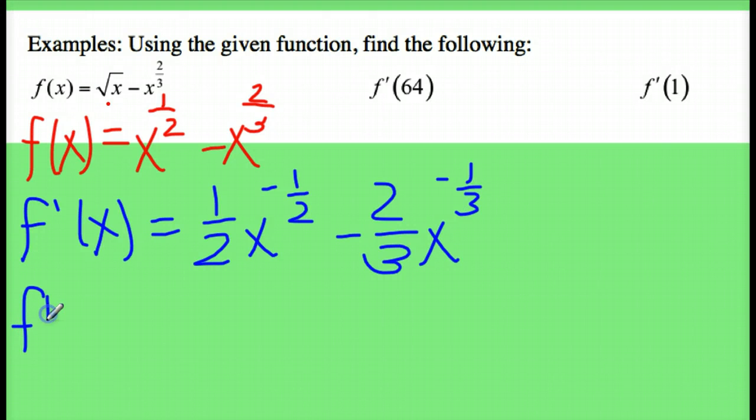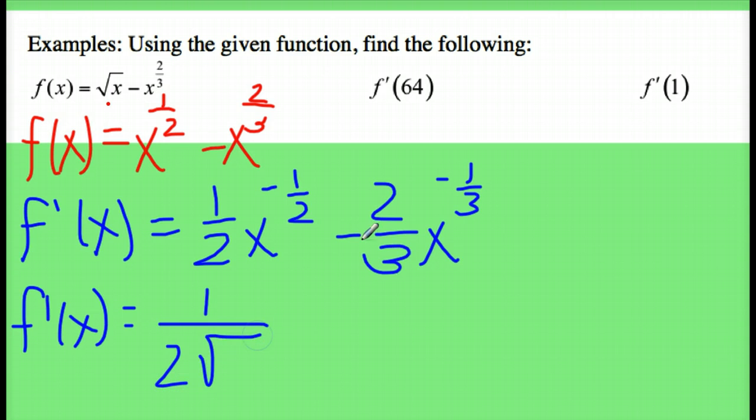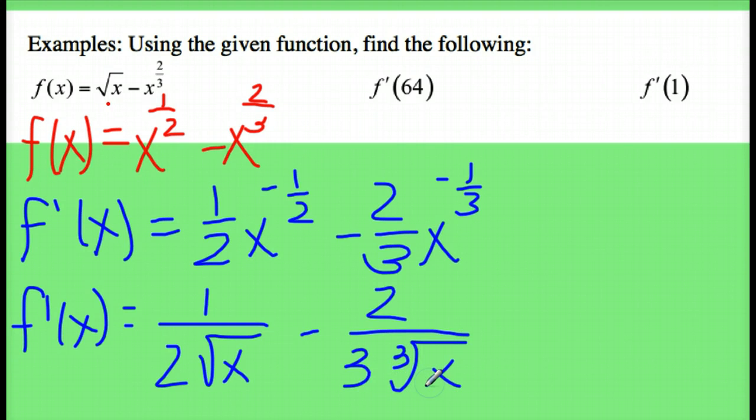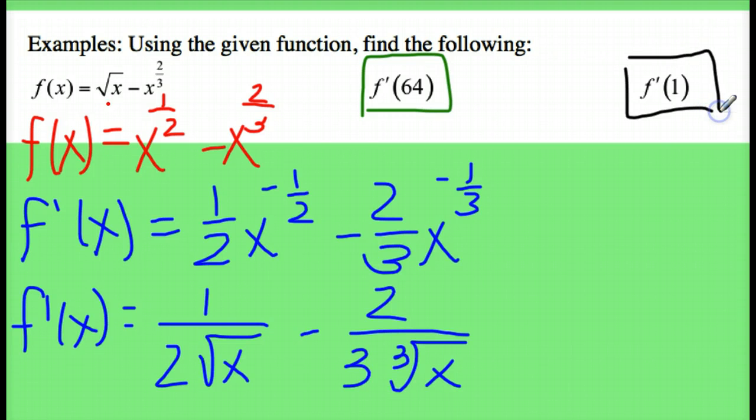So I get f prime of x is equal to 1 over 2 times x to the 1/2, which is the same as radical x, so I'm going to put it in my denominator. Then I get minus 2 over 3 times x to the 1/3, which goes to the denominator and is the same as the cube root of x. And so now I'm going to plug in 64 for the first one, and then plug in 1 for the second part of this problem.